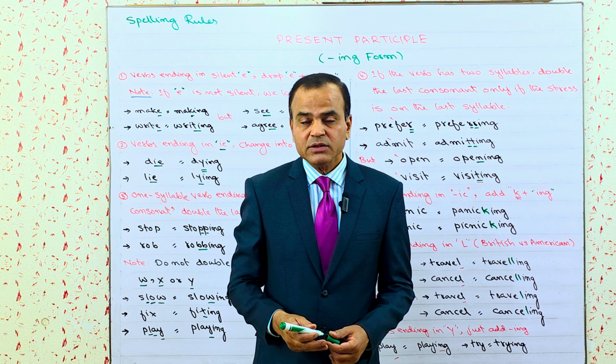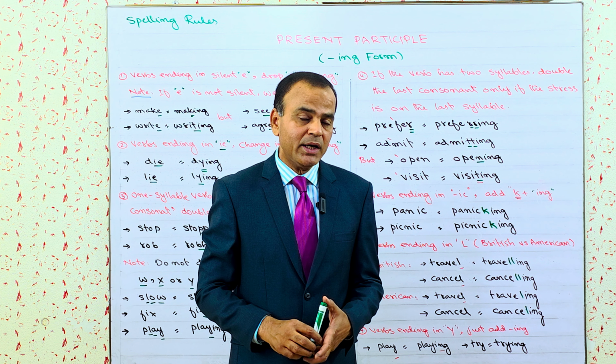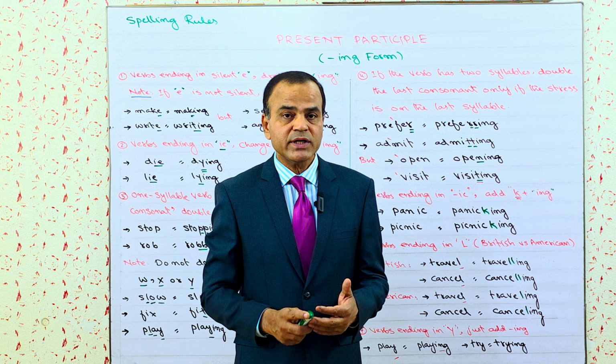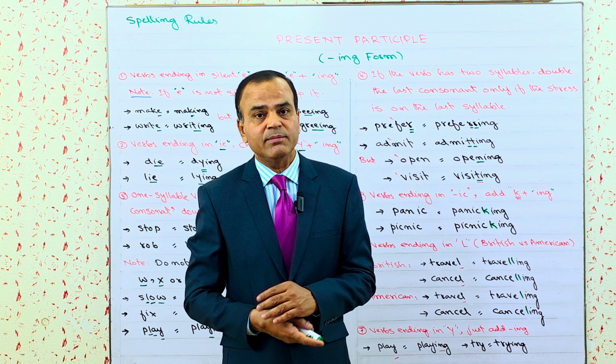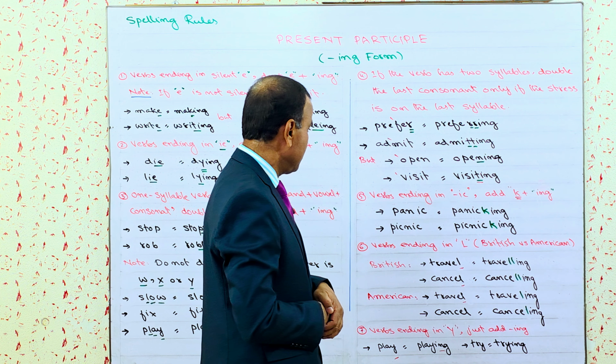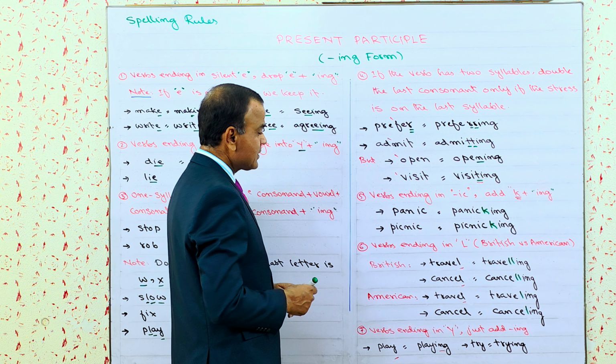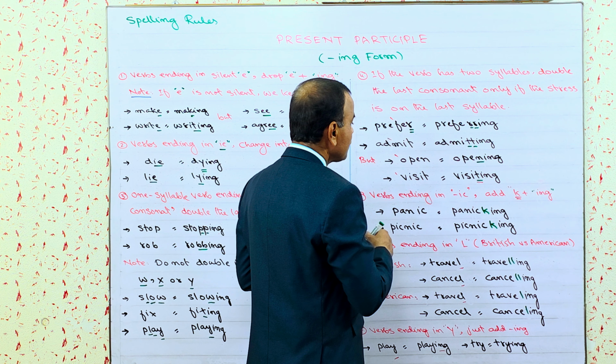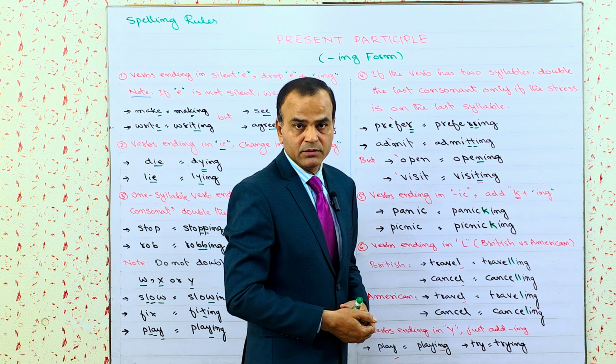But this rule will not be applied if your stress is on the first syllable. Not on the second syllable, but the first syllable. As we have the verb open. Open.